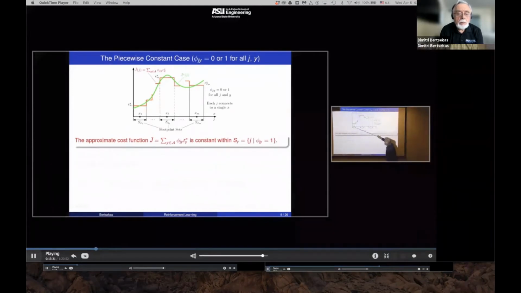Now the states are the things that are in here. The representative states are just these, okay? Each representative state under this assumption here has a footprint, and the approximation is piecewise constant. Within each footprint, the level of constancy is the optimal cost of the corresponding representative state.